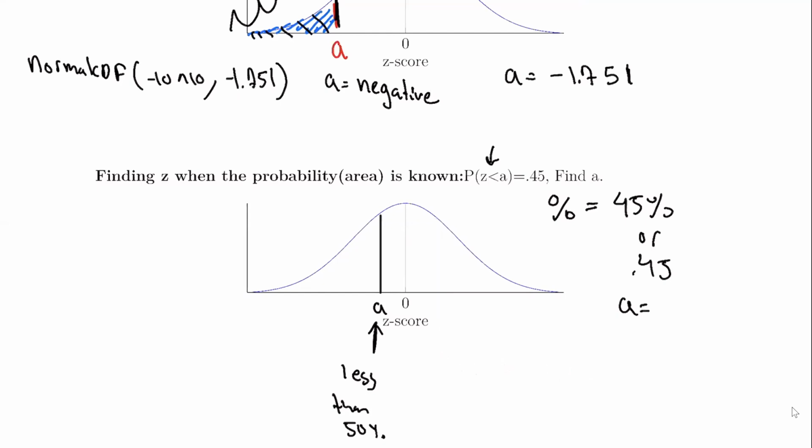All right. So which side of A should I shade? The left side or the right side? Cool. So this is our 0.45.